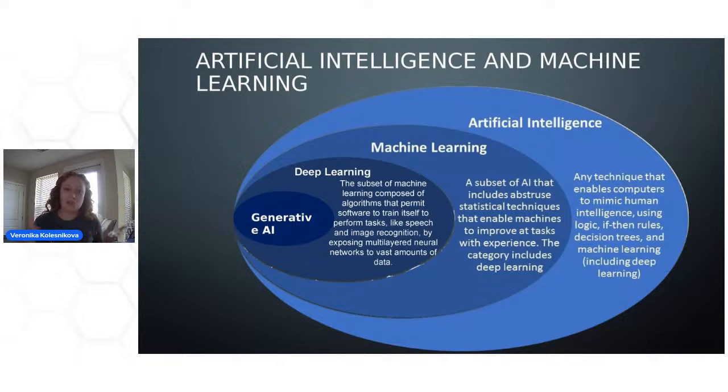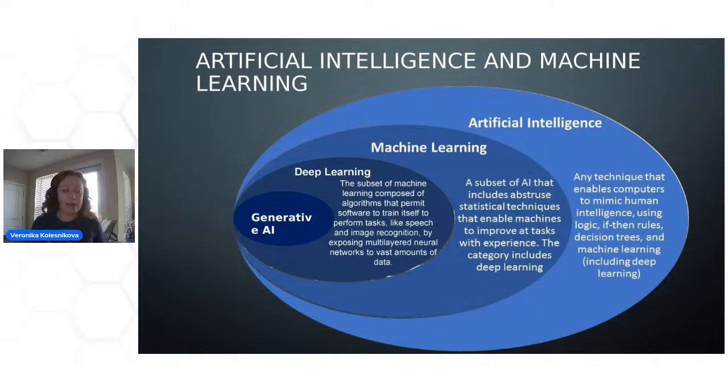Some people think that generative AI is pretty new, but it's actually not. People started working on it a while ago, and it just got really popular with the improvements and better accessibility to those tools, with OpenAI maybe being the first one that got really popular.